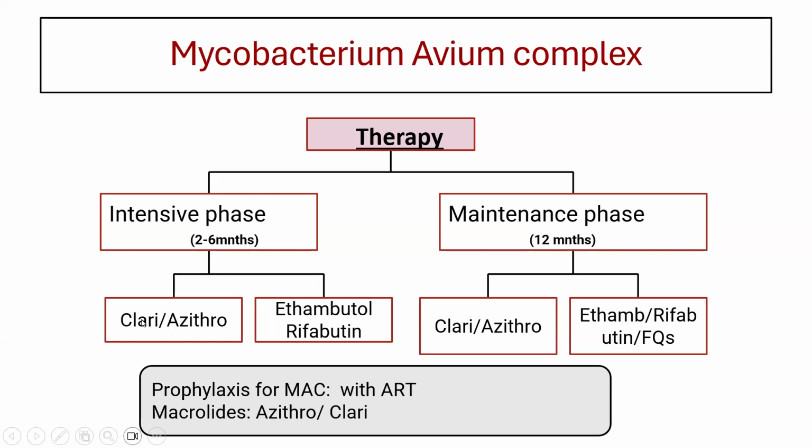Main drugs are one macrolide, clarithromycin or azithromycin, and ethambutol, with rifabutin for the intensive phase. And the same in the maintenance phase: clarithromycin or azithromycin, ethambutol, rifabutin, or any other fluoroquinolone we can add, for 12 months. Okay, any one drug for 12 months. So this is the regimen for Mycobacterium avium complex, commonly needed in AIDS patients with CD4 count less than 100.